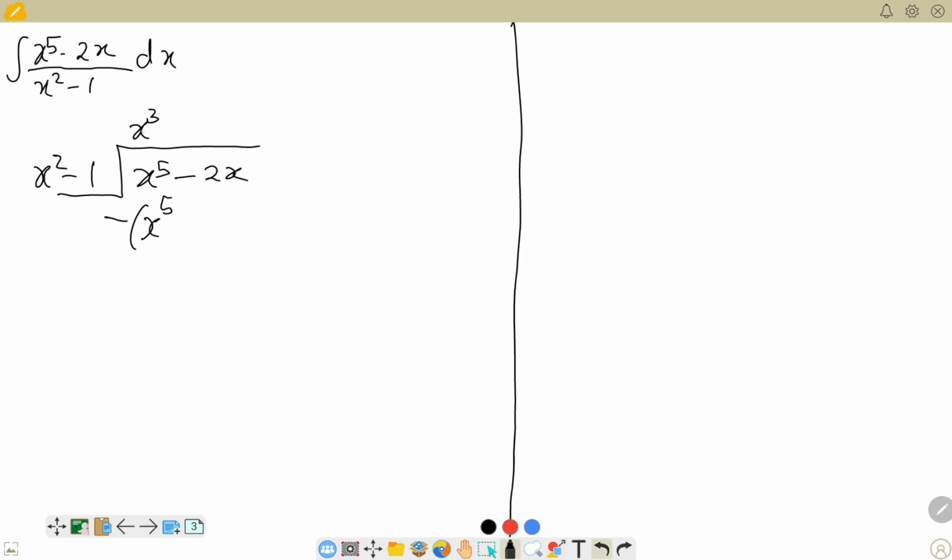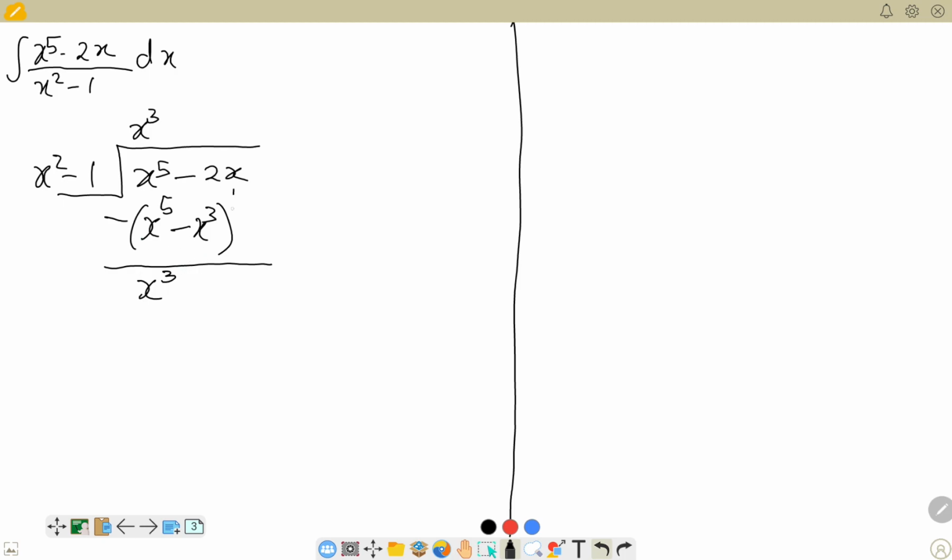We take x to the power 3 again and multiply by -1, we get negative x to the power 3. Then from here we subtract. When we subtract, x to the power 5 will go out, then we'll be left with x to the power 3 because we have a negative inside the bracket.